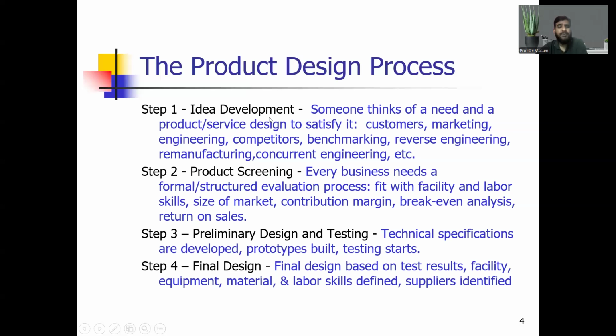So, idea development. First, you have to develop the idea. Someone thinks of a need, and a product or service to satisfy it. Customers, marketing, engineering, competitors, benchmarking, reverse engineering, remanufacturing, concurrent engineering.